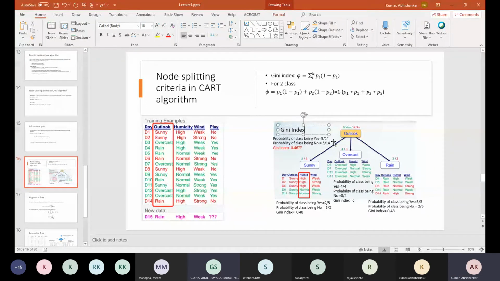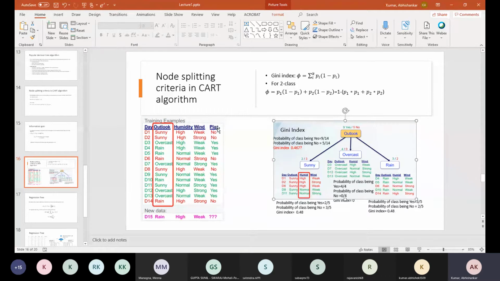Outlook is nothing but the root node, or you can say parent node also. This contains all the data.